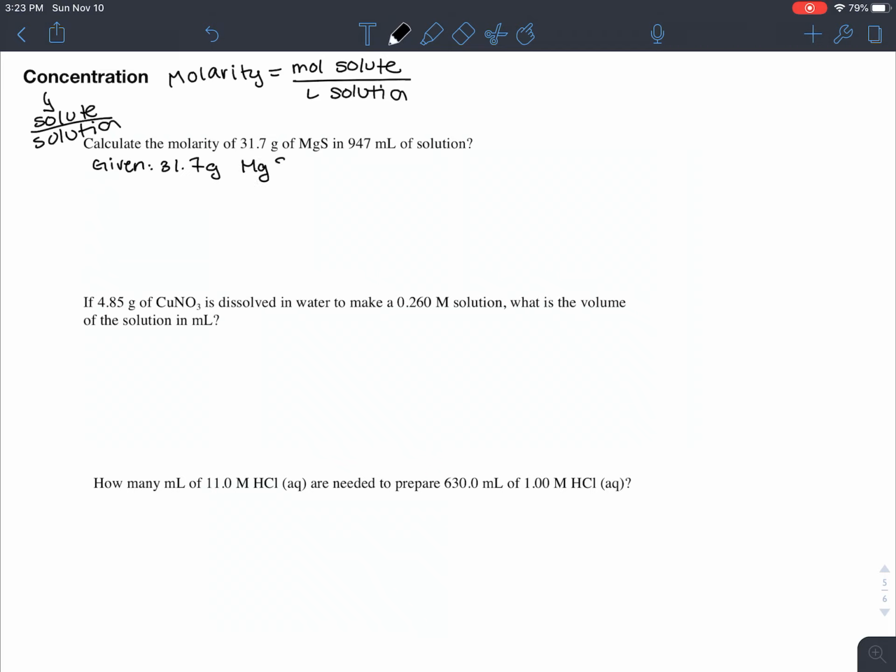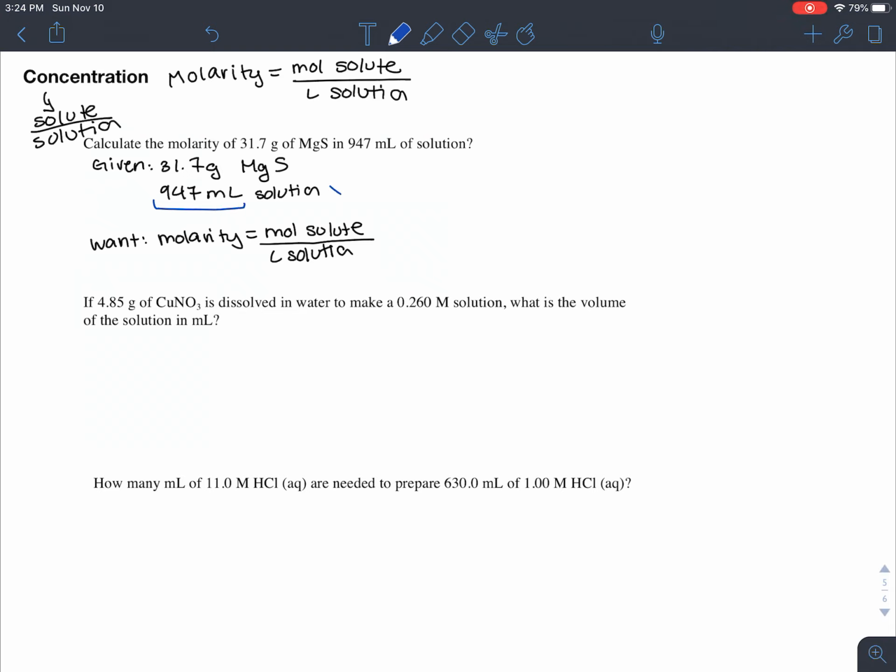I'm given 31.7 grams magnesium sulfide and 947 milliliters of solution. I want molarity, which is moles of solute, magnesium sulfide, over liters of solution.